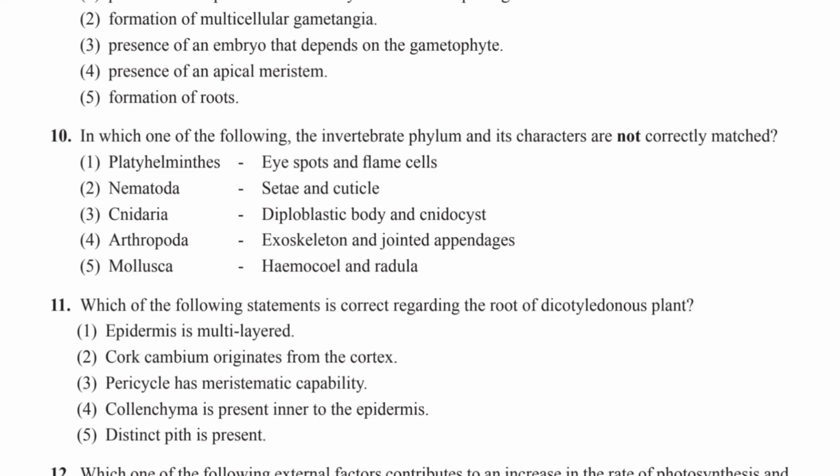Collenchyma is present in the epidermis? No. Pericycle has the meristematic capability? Yes. Right? In dicots, the pericycle has the meristematic capability, but in monocots, right, pericycle do not have meristematic capability. So the answer should be third answer.